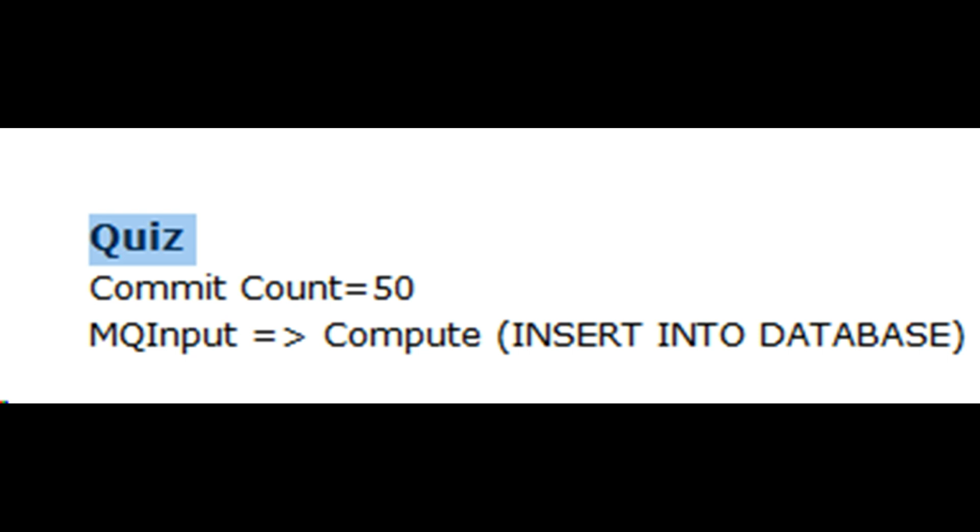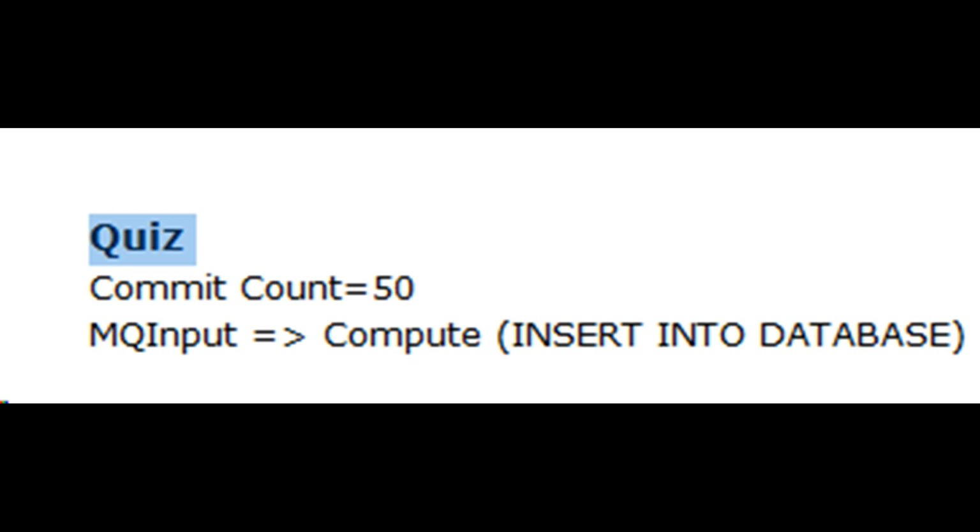With a quiz, let's see if we understand this property, commit count. The info center says in regard to commit count that for WebSphere MQ messages, the property specifies how many input messages are processed by a message flow before a sync point is taken by issuing a MQ commit command. Now, does this mean that the complete broker transaction isn't committed until commit count is reached?